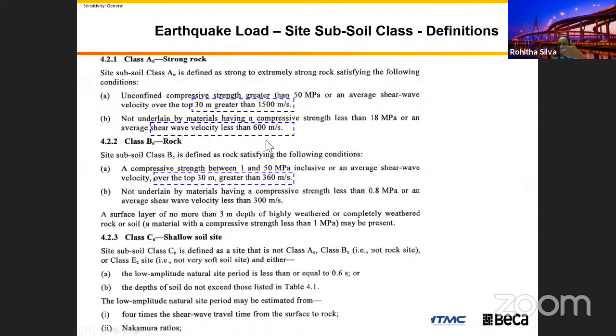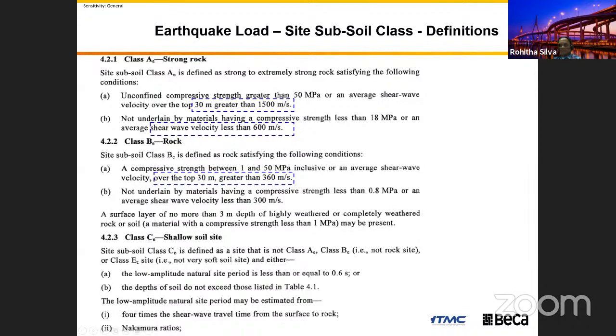That's classified based on the UCS strength and the shear wave velocity. We do tests to calculate that, and then the thickness of the rock and other things. I'm not going to go into detail on this one, so you can all read through it.